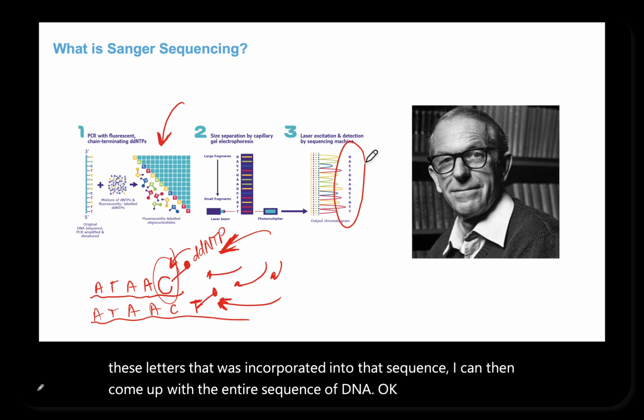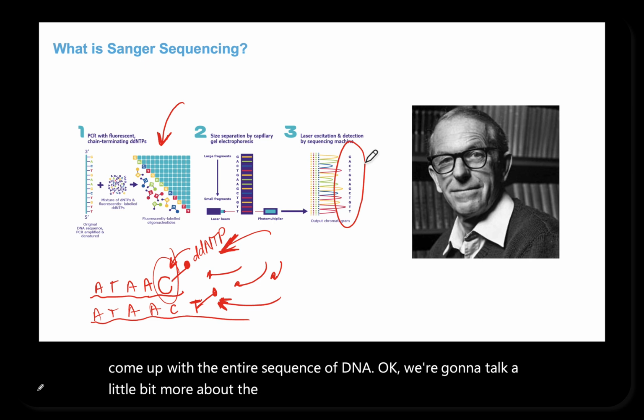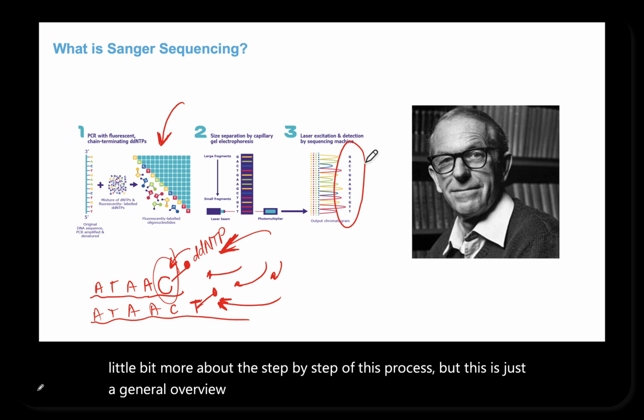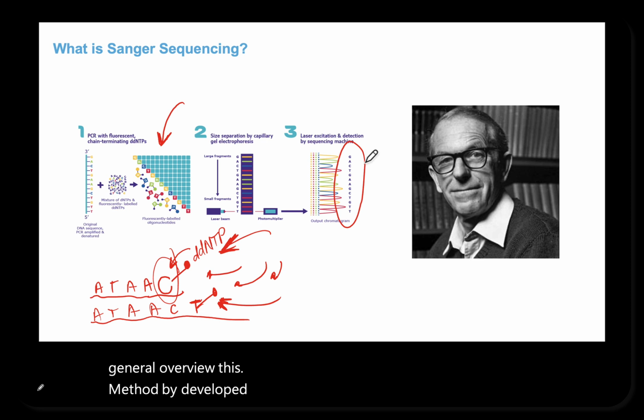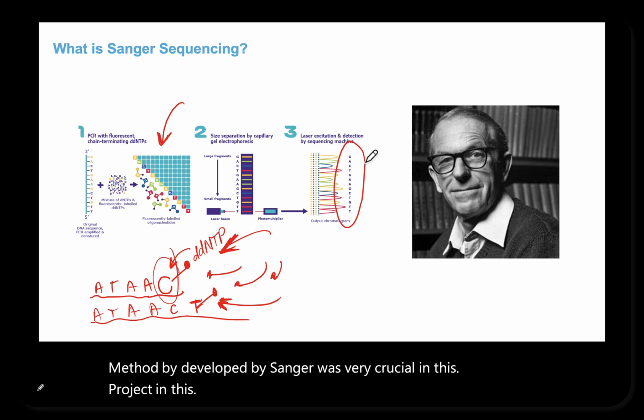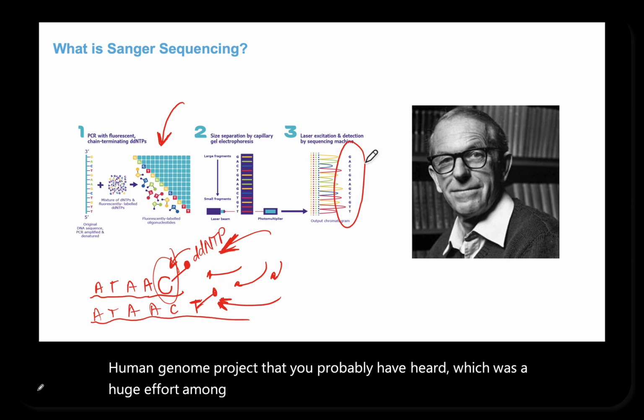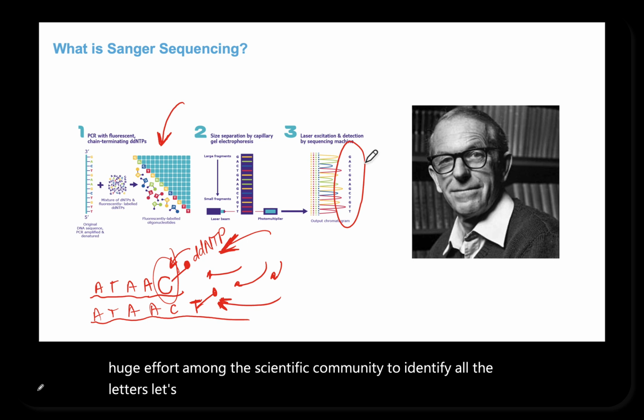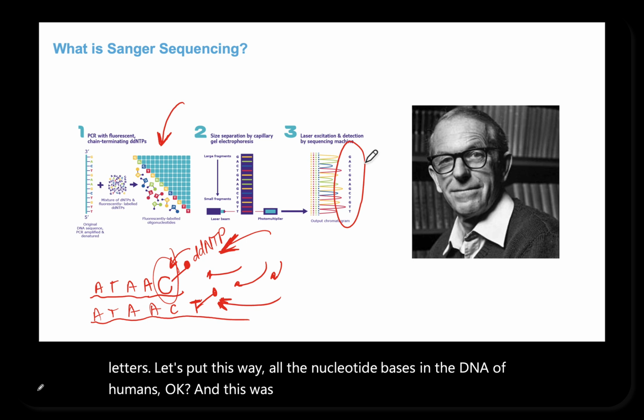We're going to talk a little bit more about the step-by-step of this process, but this is just a general overview. This method developed by Sanger was very crucial in the Human Genome Project that you probably have heard of, which was a huge effort among the scientific community to identify all the nucleotide bases in the DNA of humans. This was completed in 2003, I think.